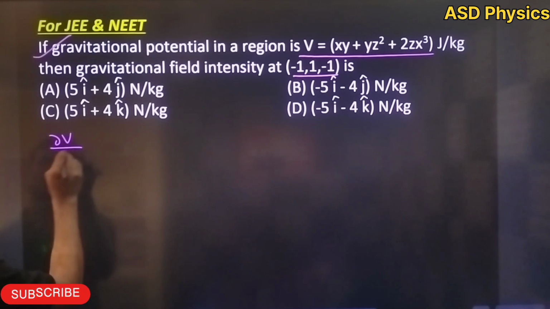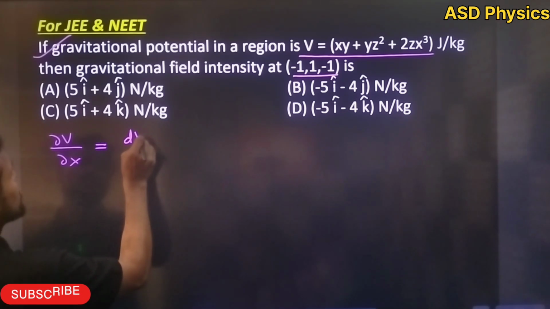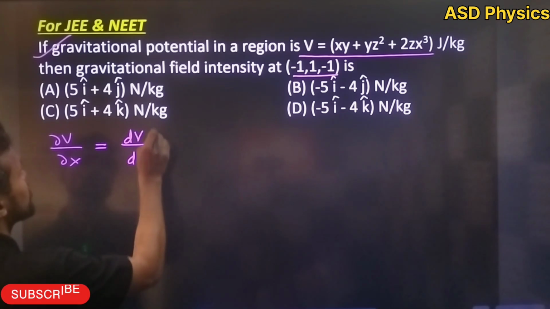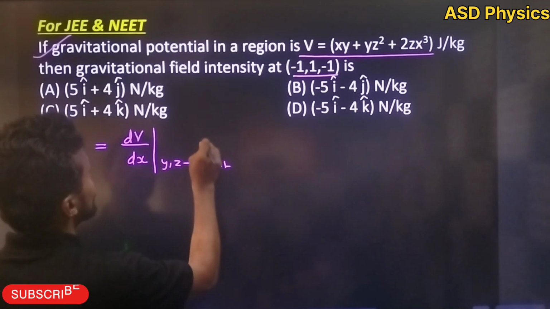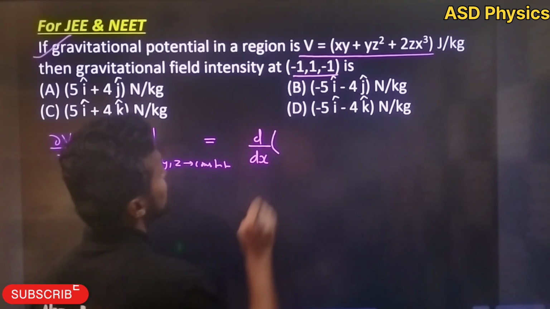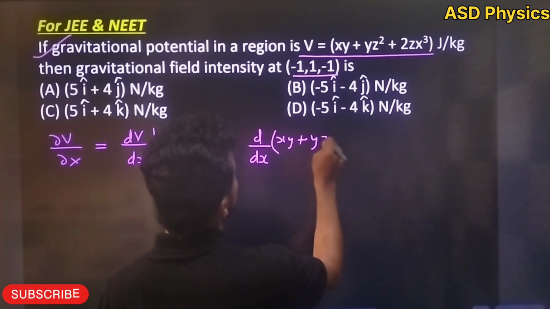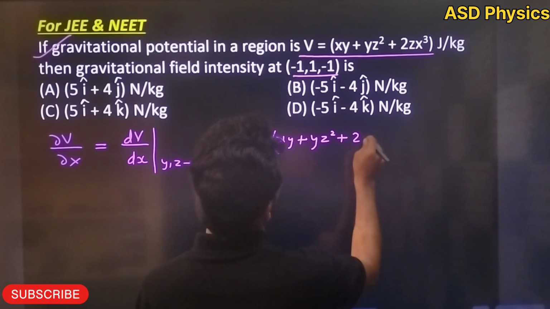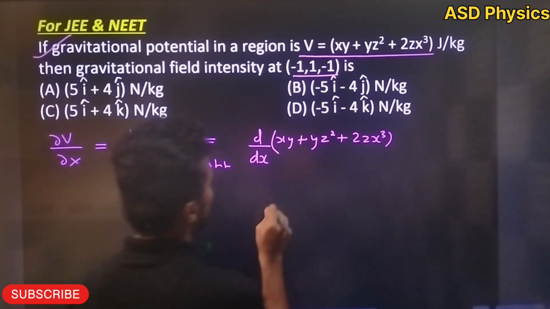So see here please students, if I want to calculate del V by del x, the meaning is dV by dx, but y and z are constant. So d by dx of (xy plus yz square plus 2zx cube).